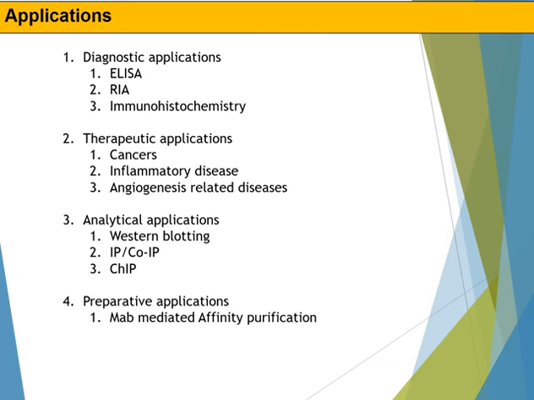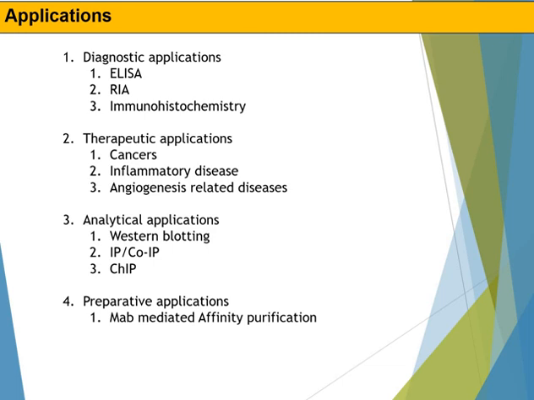In histological slides you can see the presence of different molecules, maybe viruses, maybe pathogens, or different proteins. These monoclonal antibodies could be labeled with certain enzymes, and then you can develop color reactions.